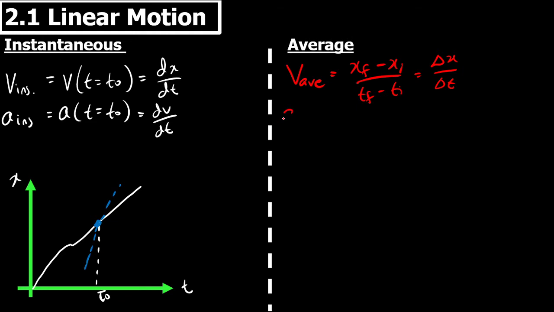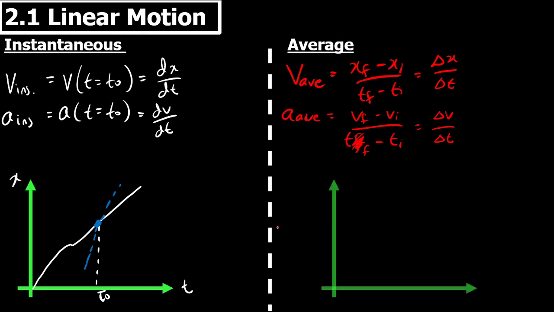So same thing with average acceleration. You will have the final velocity minus the initial velocity over the final time minus initial time. So that is delta v over delta t. Again, it's over an interval, right?